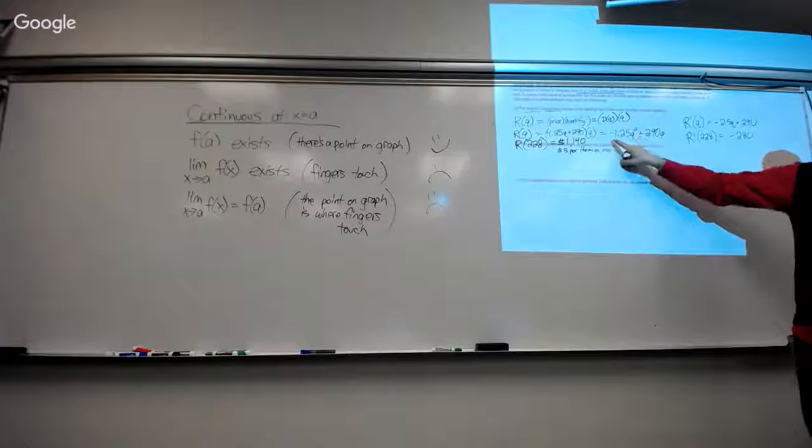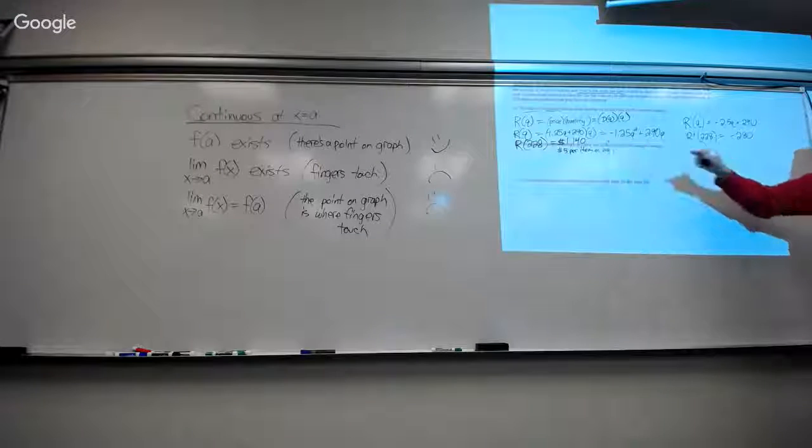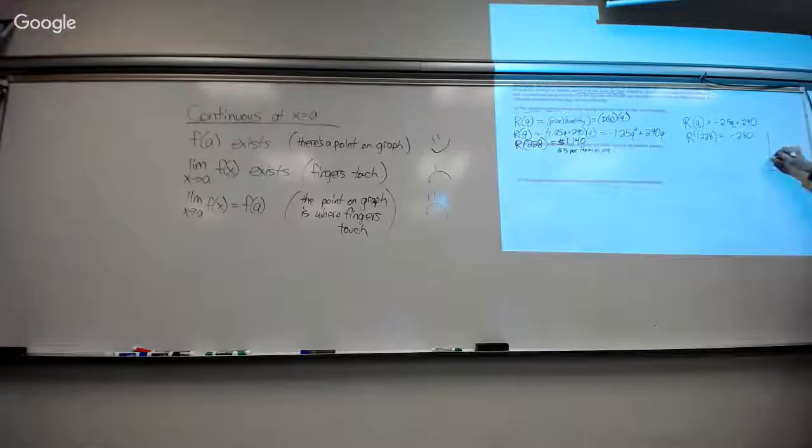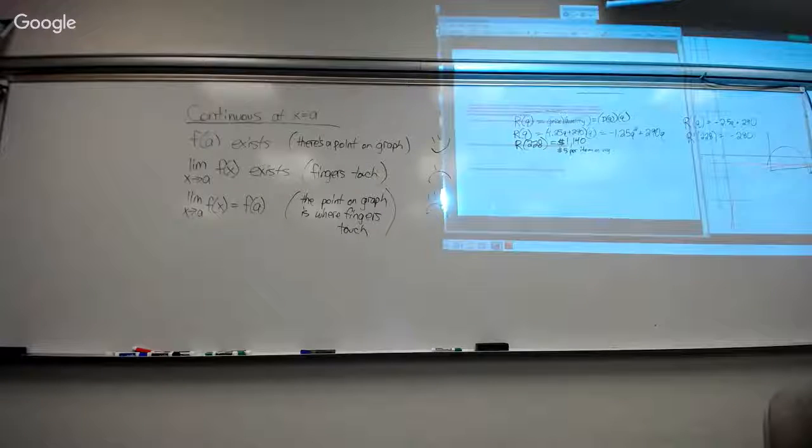Since it's Q squared, but it's negative, what shape is it? It's a U shape, but it's upside down. So where is the 228th item? Is it here, or way over here, where the revenue function already went down? That is why that marginal revenue is negative.